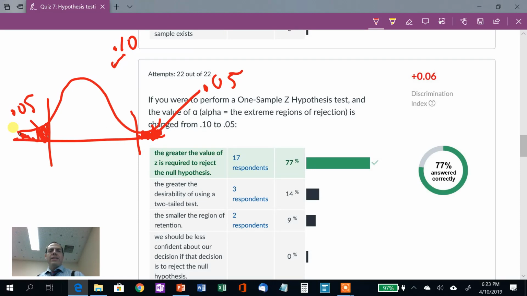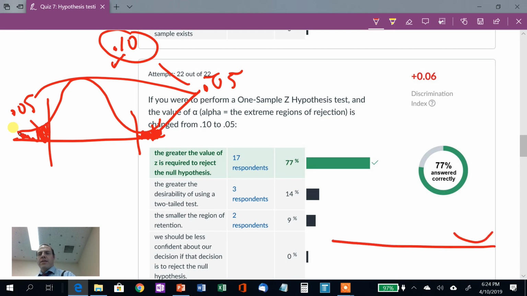But if I were to change it to 0.05, so you add these two together, you get 0.10. So let me show you another distribution with 0.05 total. So it's less on each, the rejection region is less.